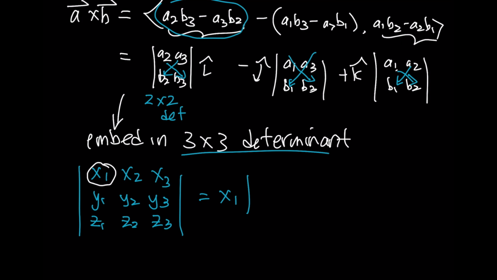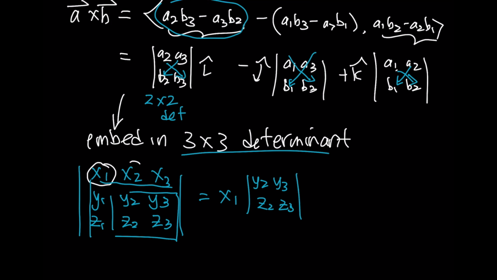I'm going to take this column and cross it out, and this row and cross it out, and whatever is left is going to be the 2 by 2 determinant. y2, y3, z2, z3. Then I'm going to go to the next top entry, block out its column, block out its row.